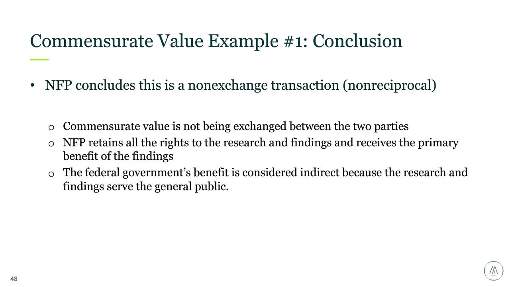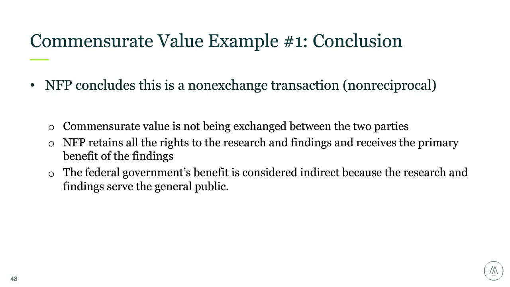Even though the government is receiving a summary of the report back, the not-for-profit organization is retaining the rights to those findings, and therefore there is not an exchange transaction that has happened here. The federal government's benefit is considered indirect in that case, and it's really the general public that is getting the value from that.